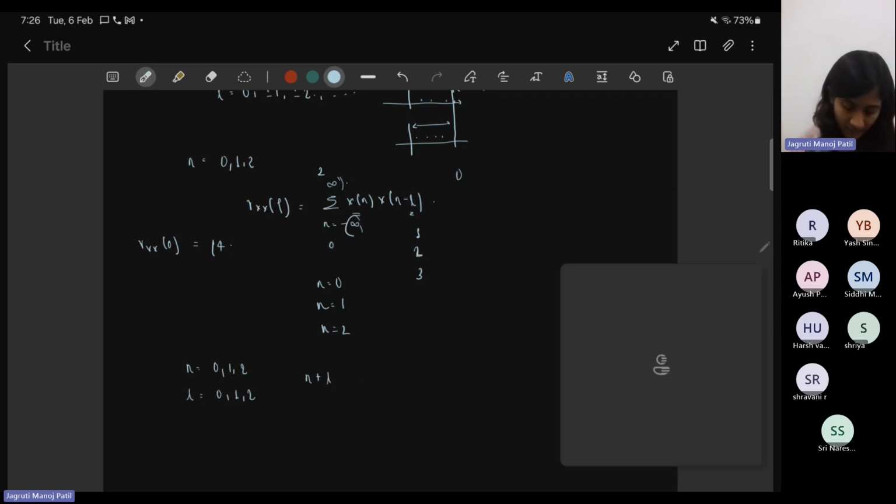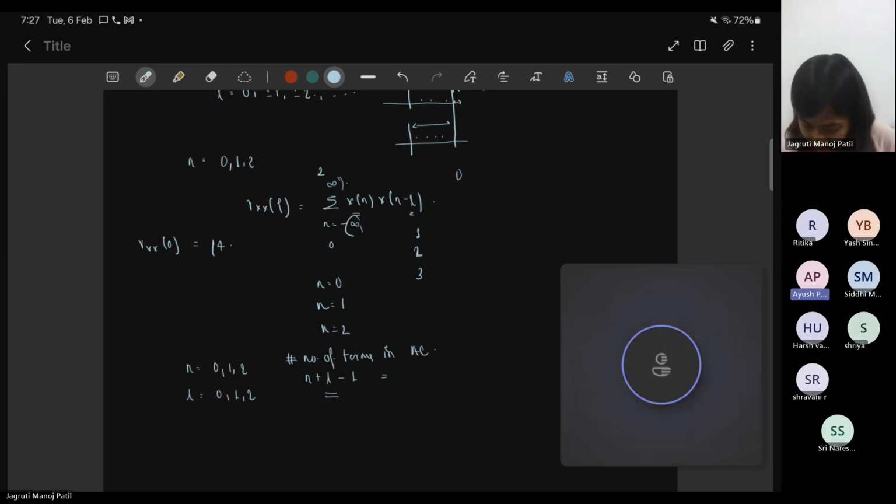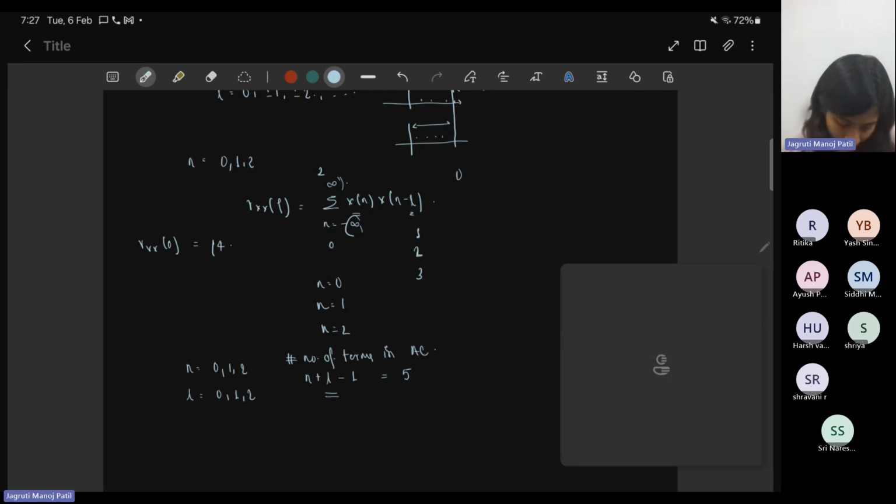What is the value for this term? Yeah, 5. The number of terms we'll have in our sequence for autocorrelation would be 5. When we divide all of those by 14, it would be the normalized autocorrelation. One of you can try delaying the signal by 1, by 2, and by 3, and let me know what the values would be. We can just try for any two and then go to the next sum.